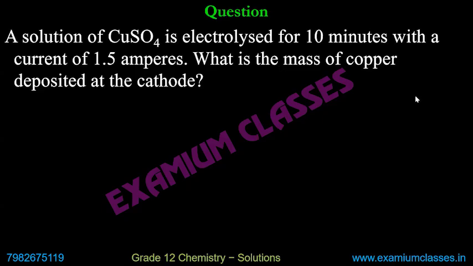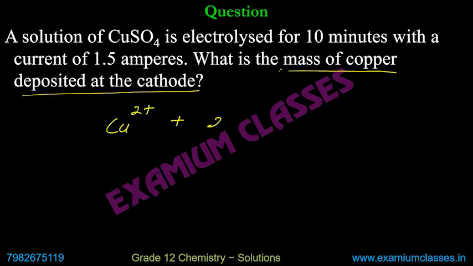I'm giving you a hint. What is the mass of copper deposited at the cathode? It will be Cu2+ plus 2 electrons gives you solid copper. It means 1 mole of copper is deposited by 2 × 96487 coulombs.